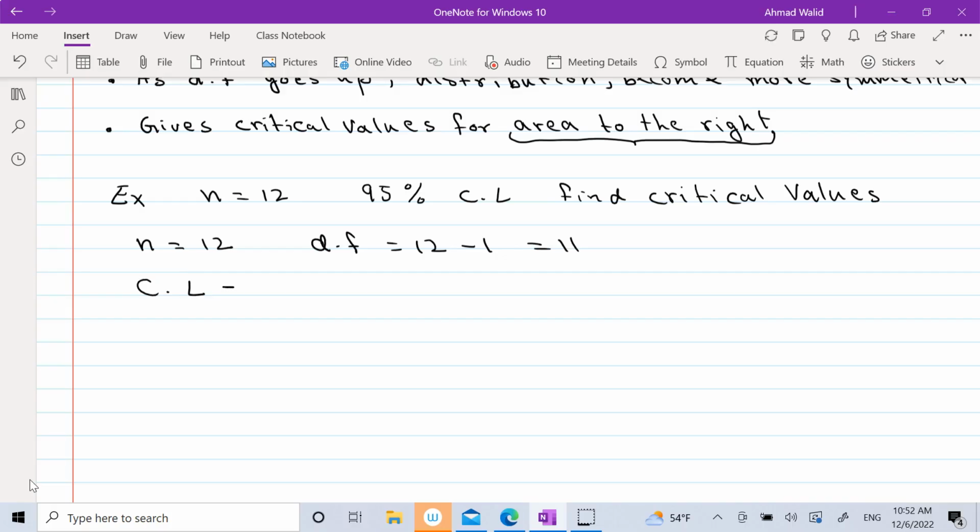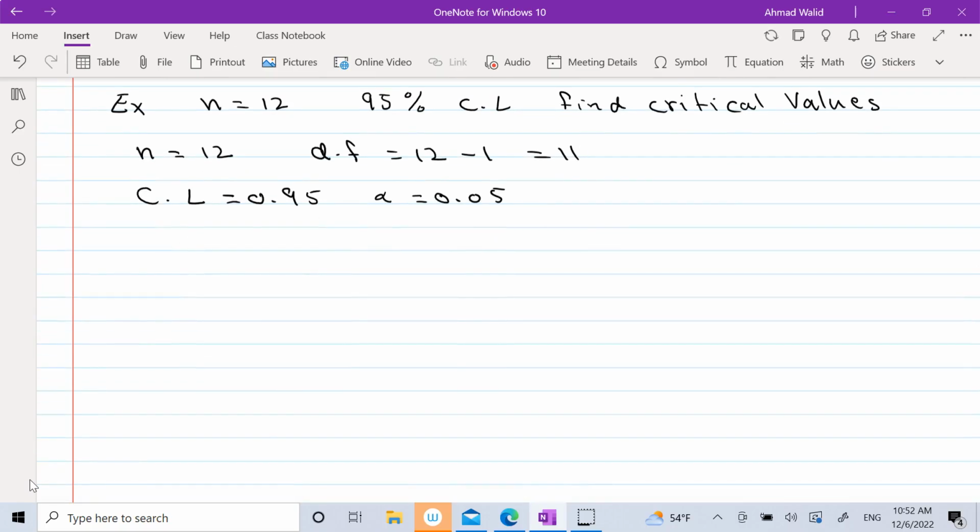Confidence level is 0.95. It means alpha will be 0.05. Correct? Let's even draw this. I'll try to draw a good shape, kind of. Here we go, not bad.